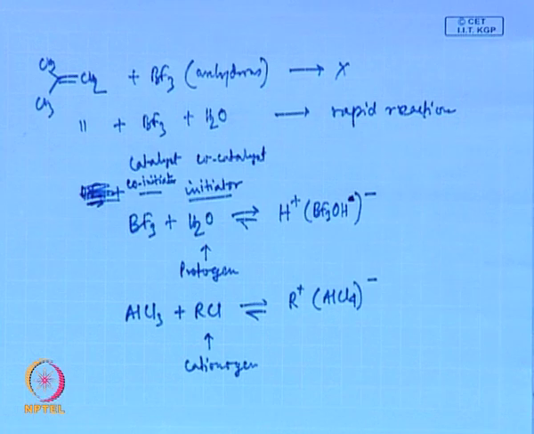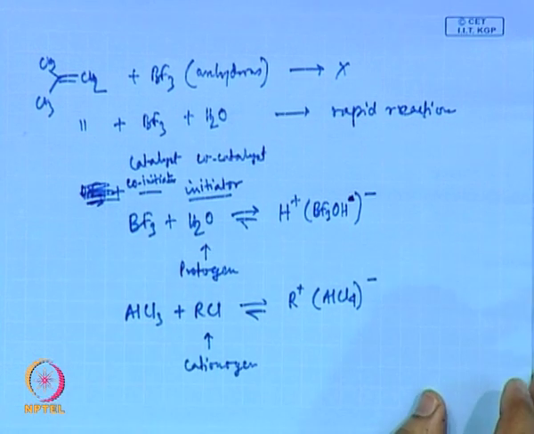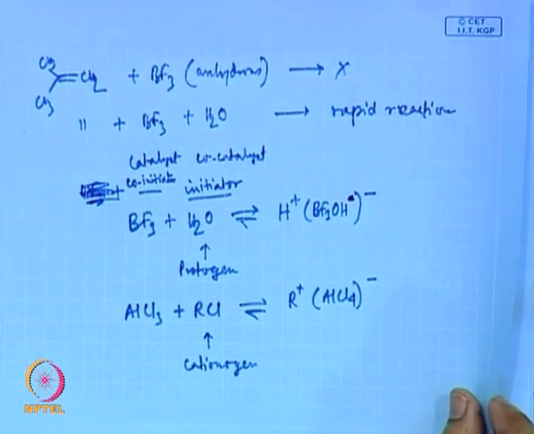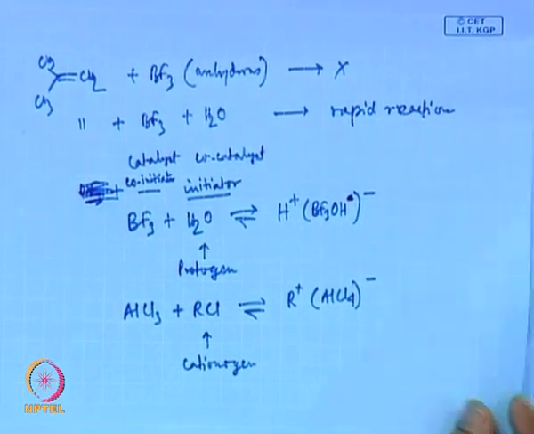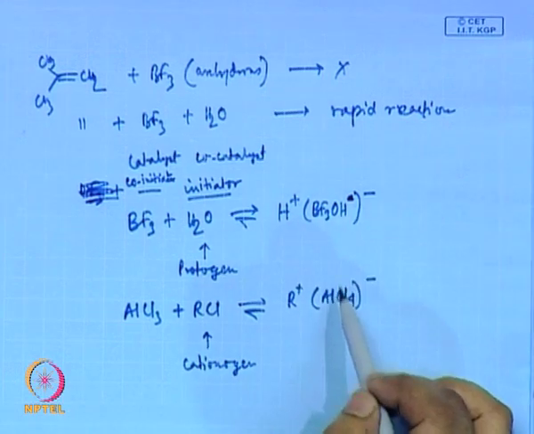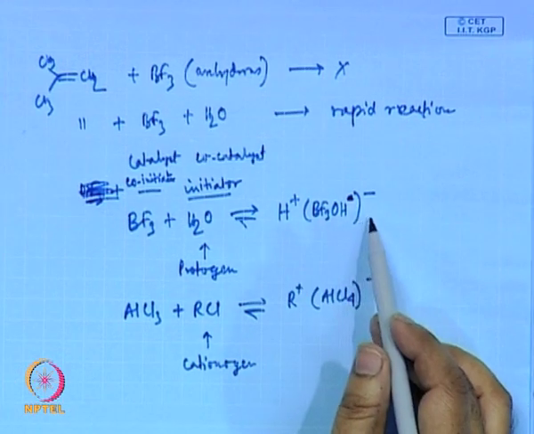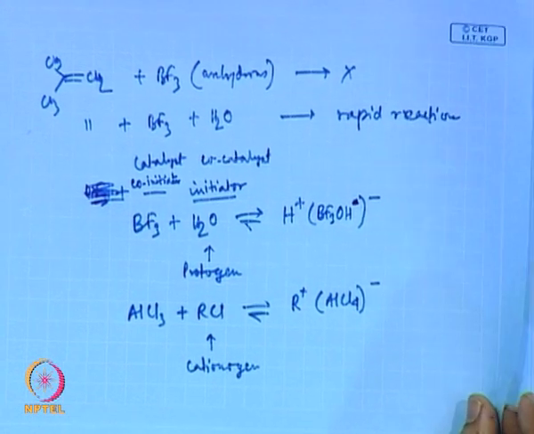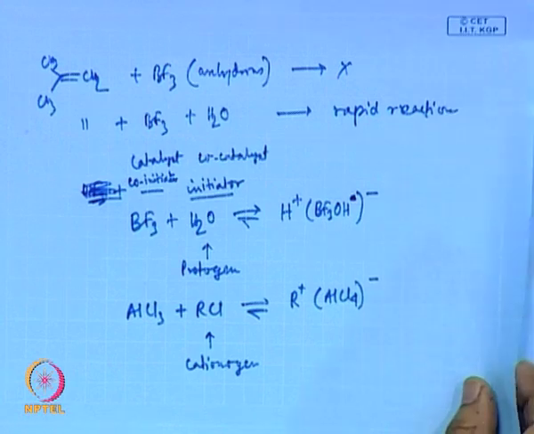Now I can write a generic reaction for this type of reaction. Once you form this, it can again react with the monomer and form the initiating species, which we will write on the next page.